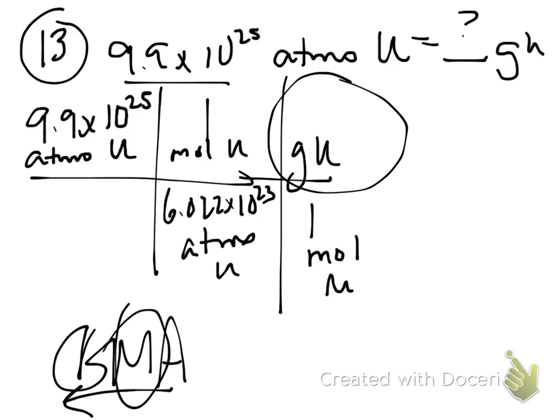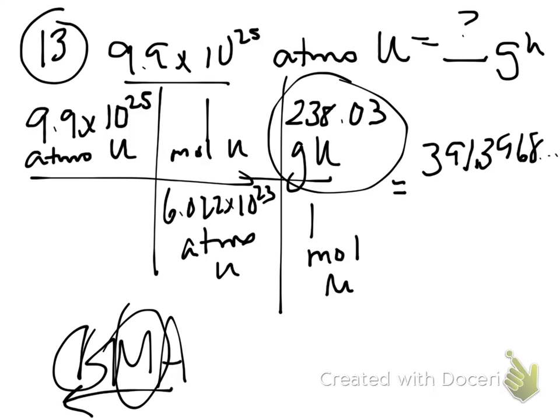Grams of uranium comes from where? Periodic table. And the molar mass of uranium is 238.03. So we end up with a raw number that is 391.3968, a bunch more stuff, times 10 to the second grams of uranium. But we have to either take that out of scientific notation altogether or fix the scientific notation.